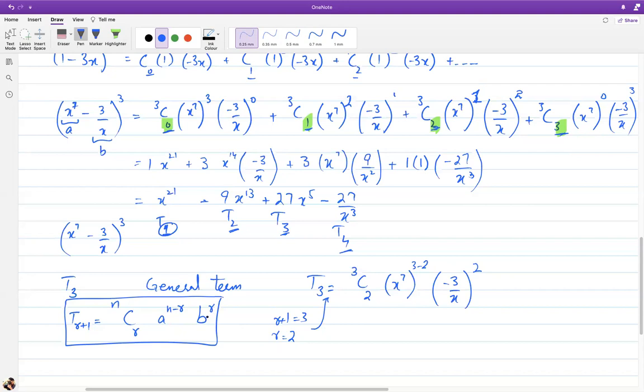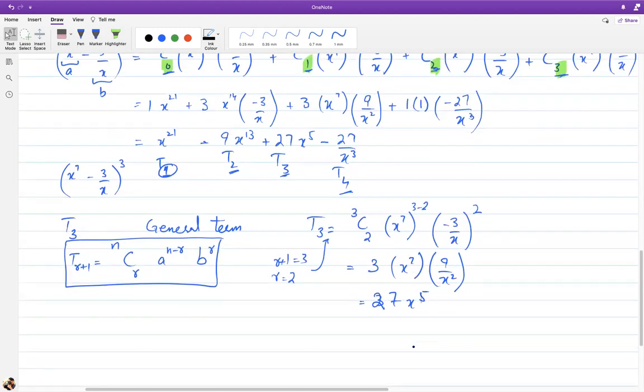I'm using the general term formula, and that will give me whatever the answer is. Find 3c2 from the calculator. This is x to the power 7, that is 9 over x squared, leaving me with 27x to the power 5. So that's what I've got. Sometimes they ask you to just find the coefficient. So then you simply find the term and you just keep the coefficient and not the power. Okay.